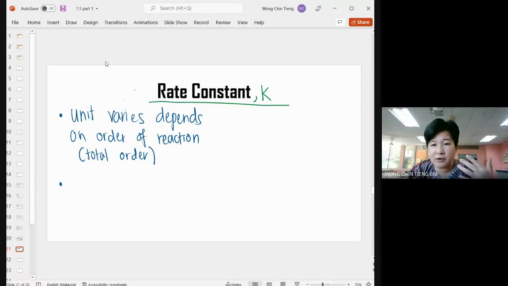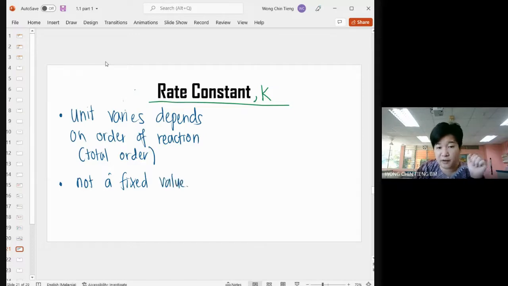Whenever student come across the word rate constant, in your mind you will be like, oh, it's a fixed value. No, not in this case. Your rate constant over here is not a fixed value. Alright, it's never a fixed value anyway. Because your rate constant will change depends on the reaction. Every single reaction will have a different rate constant.